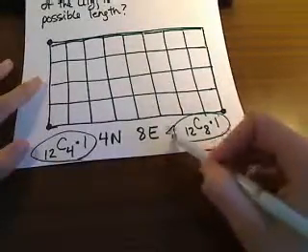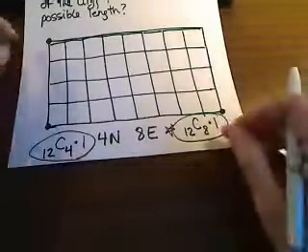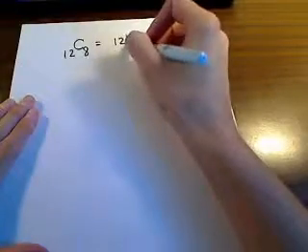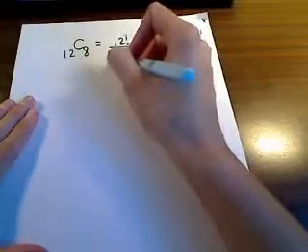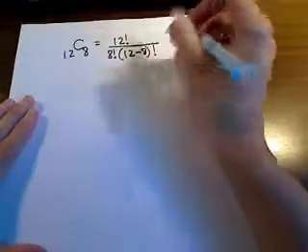So I think I'll just go ahead and calculate this one, the combination of 12 taken 8. So I'm going to turn this over. On a new piece of paper here, a combination of 12 things taken 8 at a time is 12 factorial over 8 factorial times 12 minus 8 factorial.